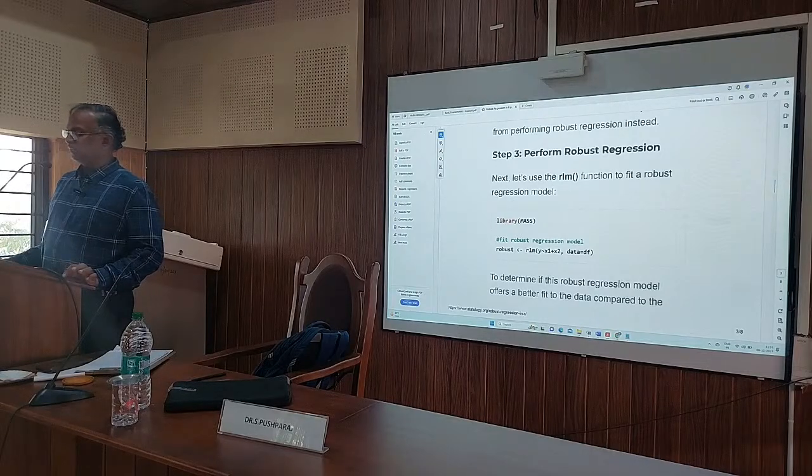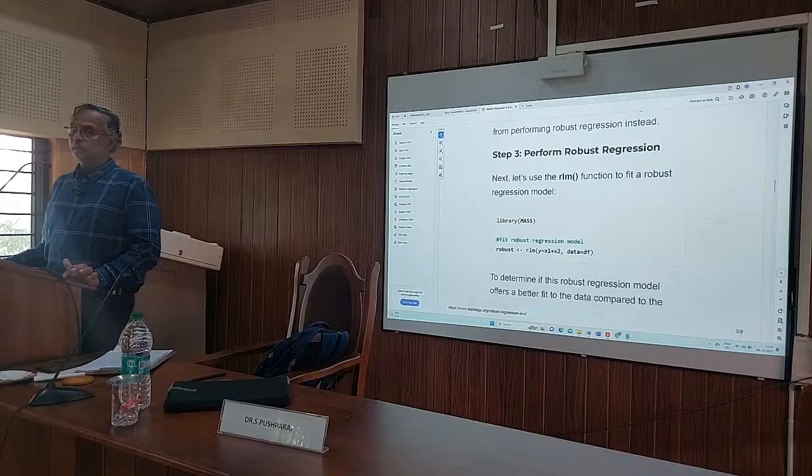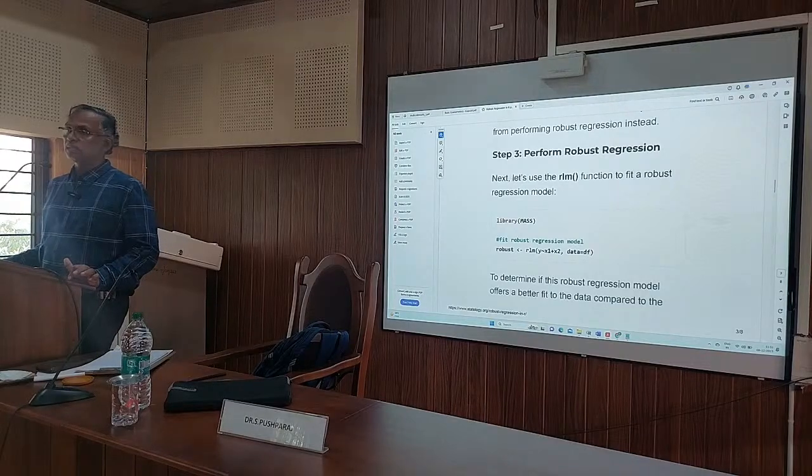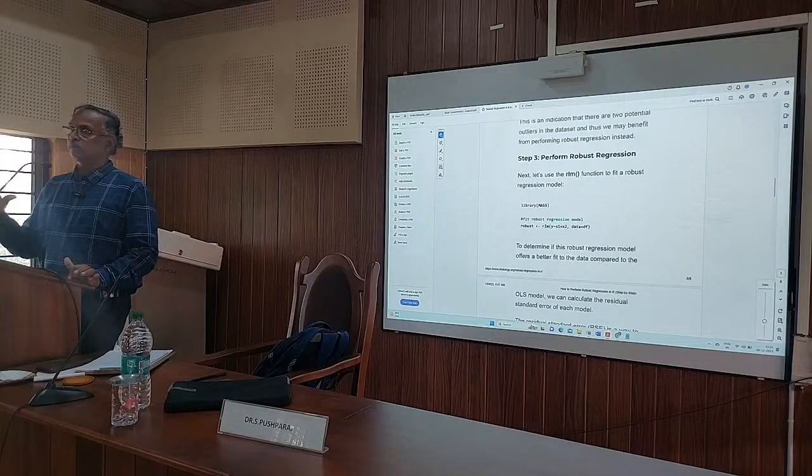Such models are run with the package MASS, with the function rlm, robust linear models. The rlm function takes care of the problem of outliers.